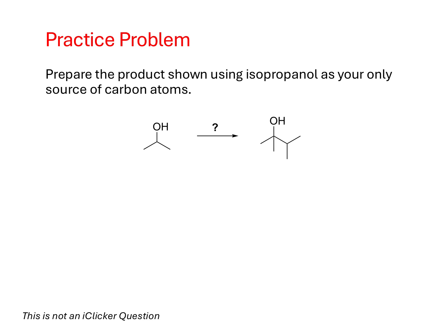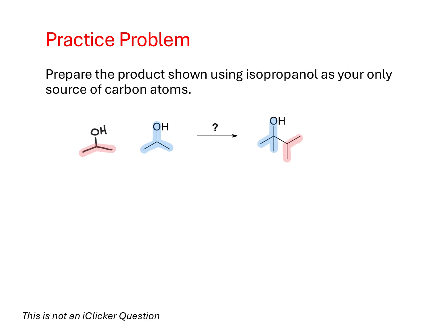Okay, in synthesis, what you often want to try to do is find your starting material in the product. Since the product has 6 carbons, we know we're going to need 2 molecules of isopropanol. And we'll do different things with each one. One is pretty clearly still present. The other part of it is too. We lost the OH, but part of it's still in there.